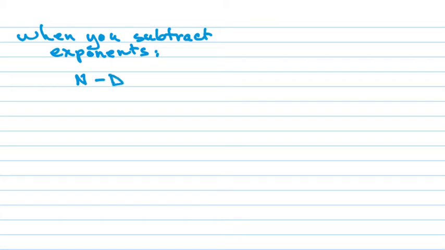You have to be going from the top to the bottom. So make sure you get the order right. Because if you don't get the order right, then you're going to come up with the wrong sign for your exponent. Because yes, exponents can have signs because we're subtracting. Okay? So the first thing that can happen is you simply subtract them.